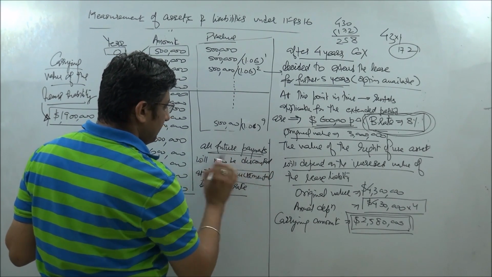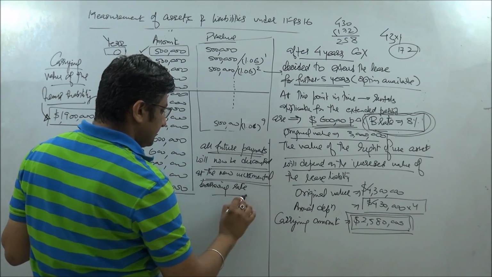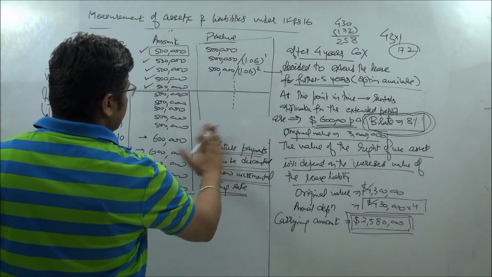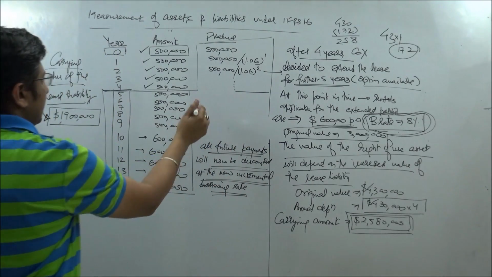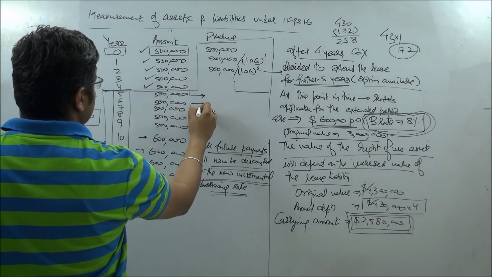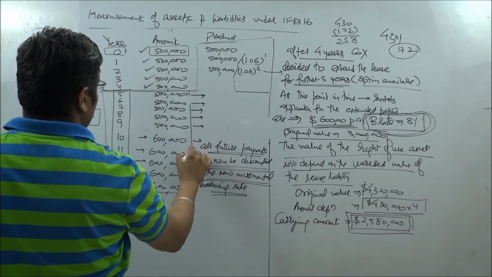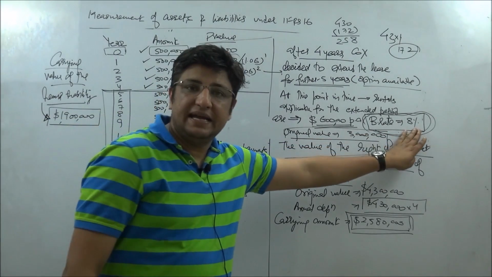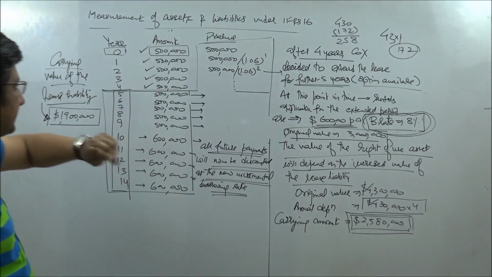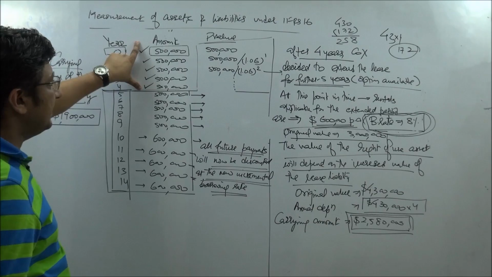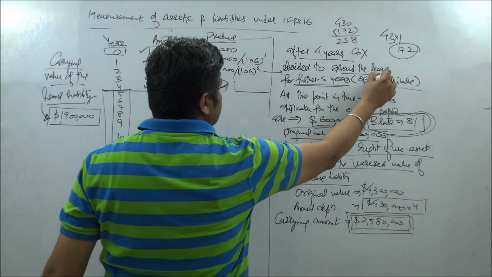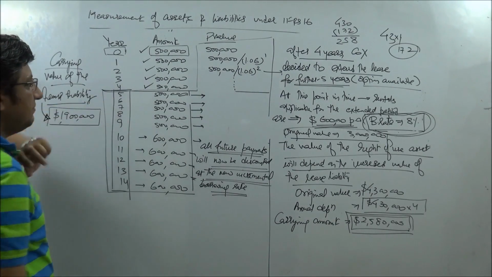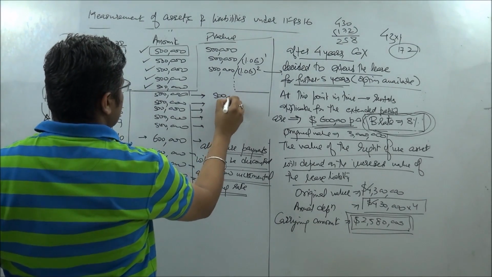All future payments will now be discounted at the new incremental borrowing rate, which means what? It means that now this 500,000 and the subsequent amounts will all be discounted at the rate of 8%, right? Since we did the extension to the lease immediately after the end of 4th year, this amount would remain as it is.